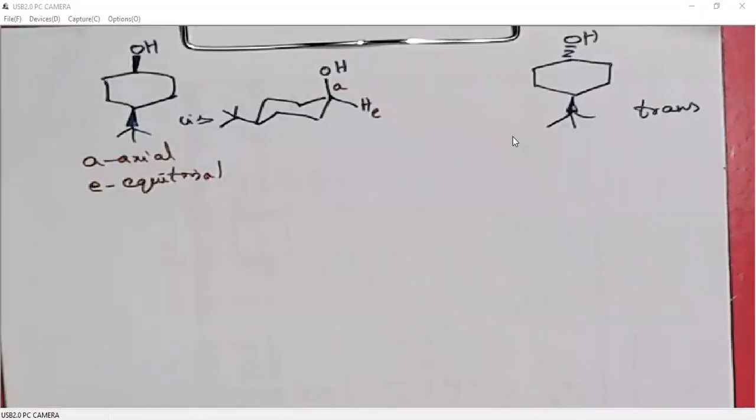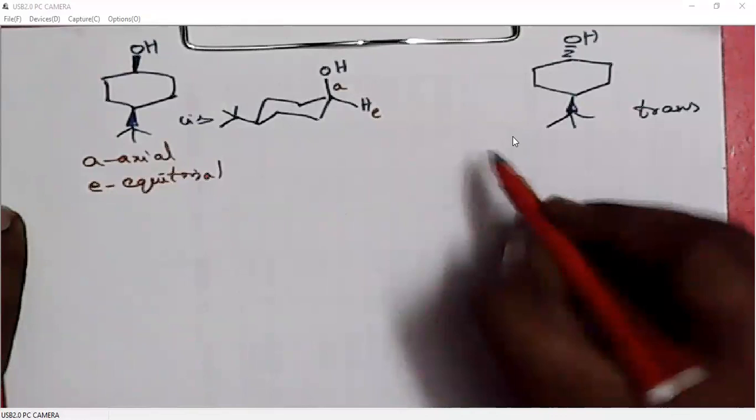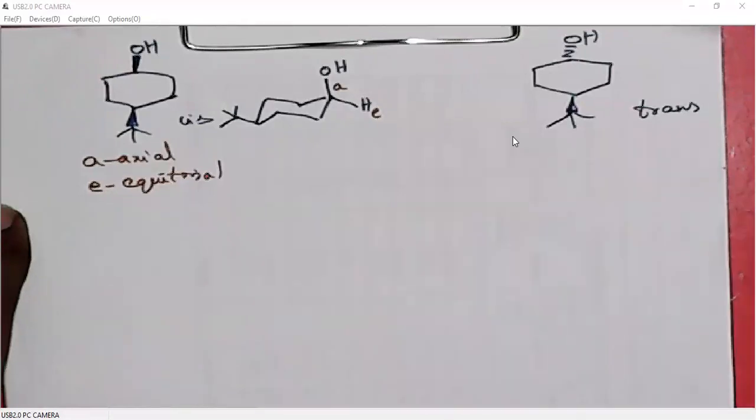I cannot give a better understanding of axial and equatorial in an online class, so you better read more about axial and equatorial bonds in some basic organic chemistry book, like Bruice.